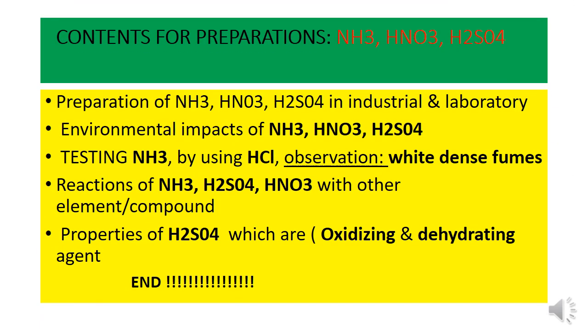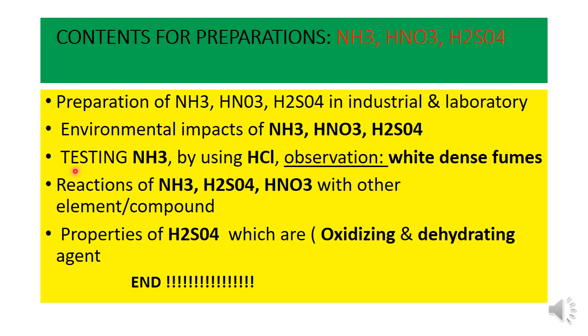Let us continue. We are going to see the content for this preparation of ammonia, nitric acid, and sulfuric acid. Then we will see the preparation of ammonia in industry and laboratory. We will see environmental impacts of ammonia, nitric, and sulfuric acid.